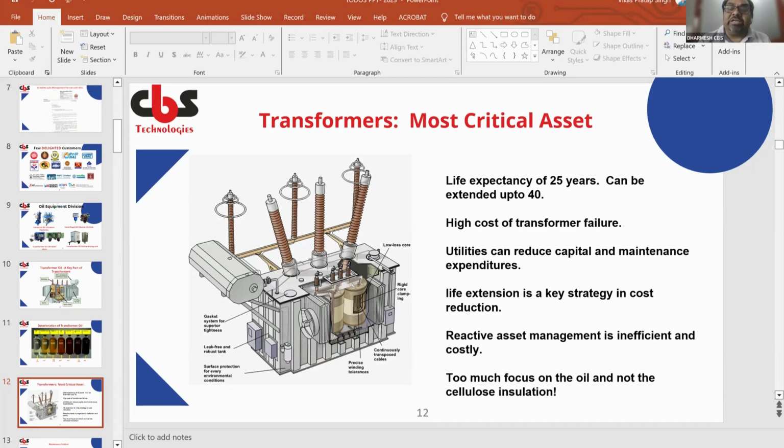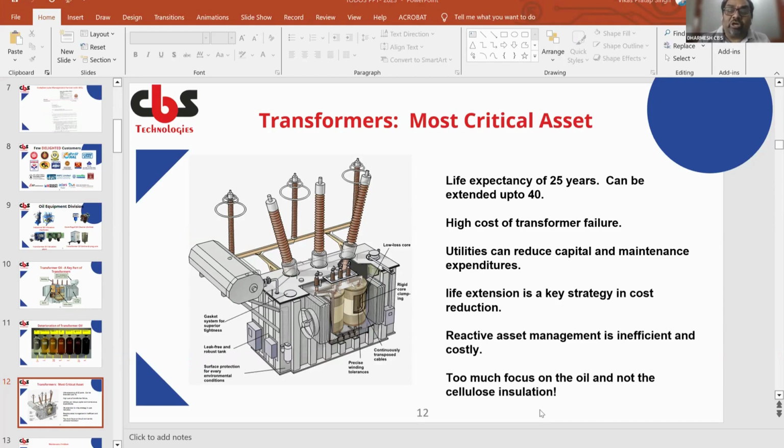Since a transformer is very high cost, and failures always cost us huge capital, with the help of these systems we can reduce the capital and maintenance expenditures also.